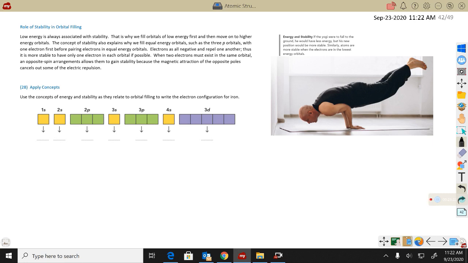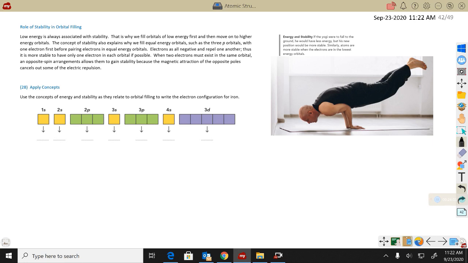Let's do 28. This is where I think it's all going to make sense, I hope. We're going to apply the concepts of energy and stability as they relate to orbital filling to write the electron configuration for iron. Okay, so often they'll have the boxes written for me, so I don't have to draw the boxes, and they'll even have them like kind of paired together properly. So whenever there's an S, there's only 1. Whenever there's a P, there's 3.